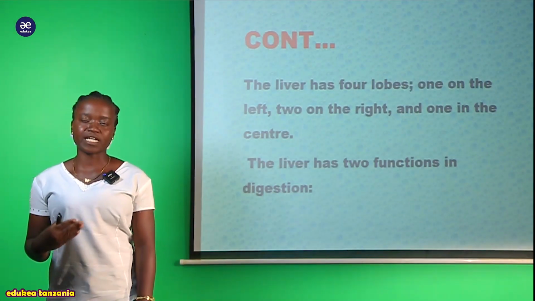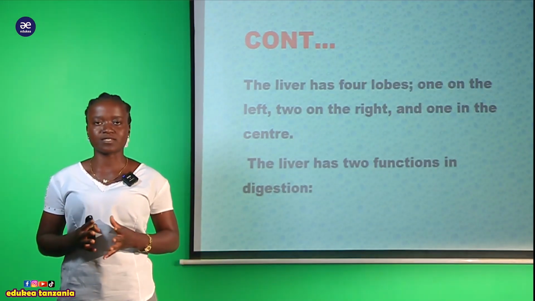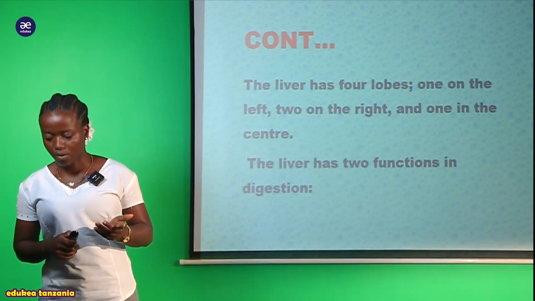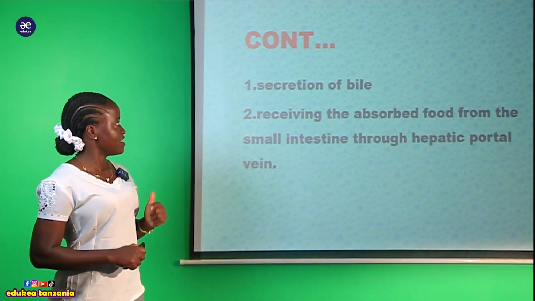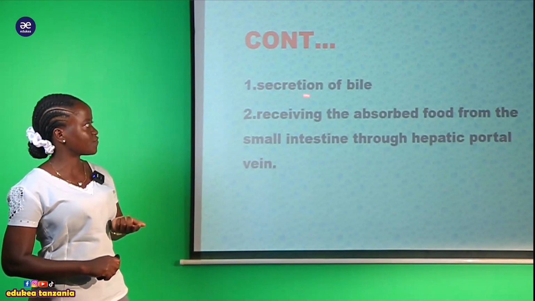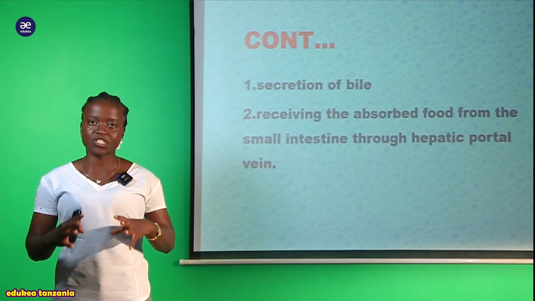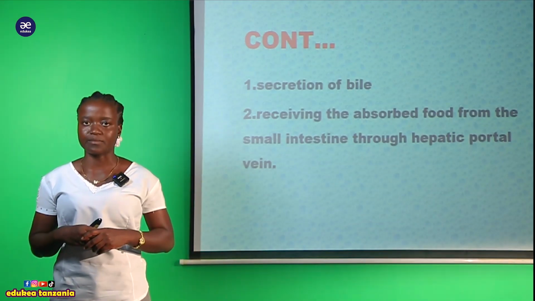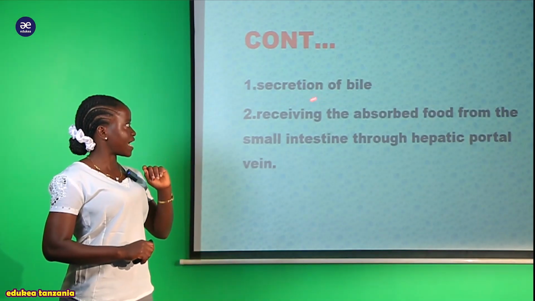So the liver inahusika kwa ukubwa zaidi kwenye masuala mazima ya digestion, ya umeng'enyaji wa chakula kwa mouse au kwa rat. So the first function of the liver, we can say that the liver is used for secretion of the bile. And the bile is an important component for the digestion process to occur in animals. So now you can see, this organism has bile.